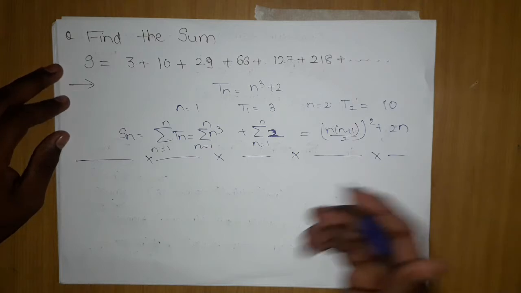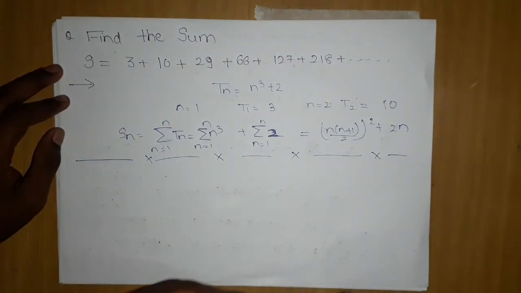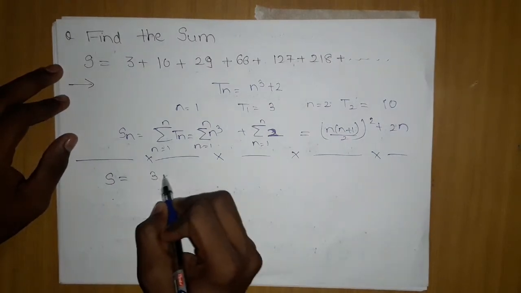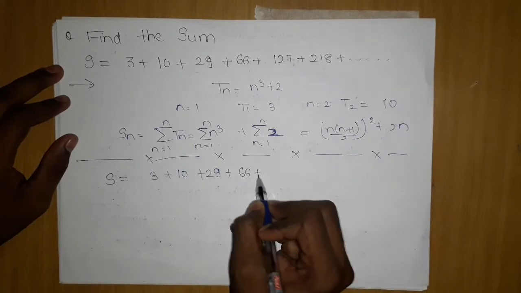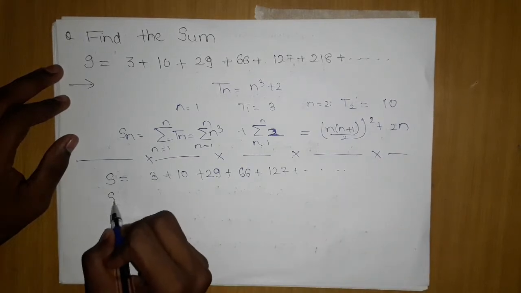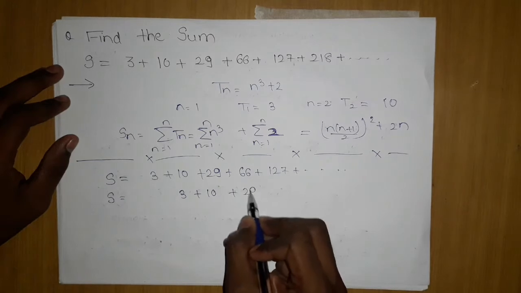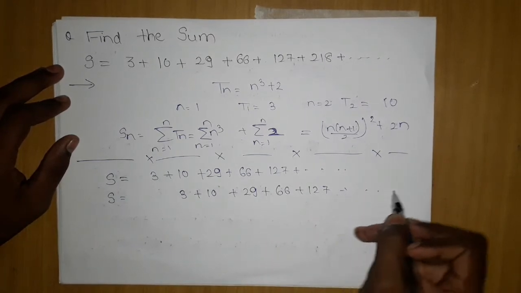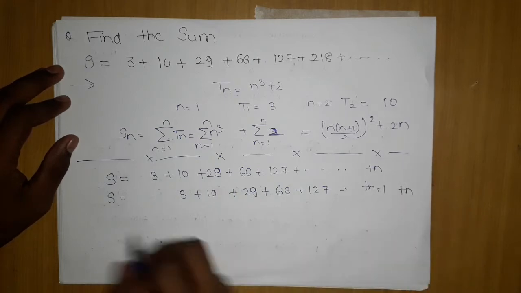Now we will see why this question shows that the method I am teaching you is not that effective. Now consider the series 3 plus 10 plus 29 plus 66 plus 127 and so on. The second step was writing the terms like this, right? Write it again shifted, with 127 and so on; here it will be Tn, here it will be Tn minus 1. No problem.